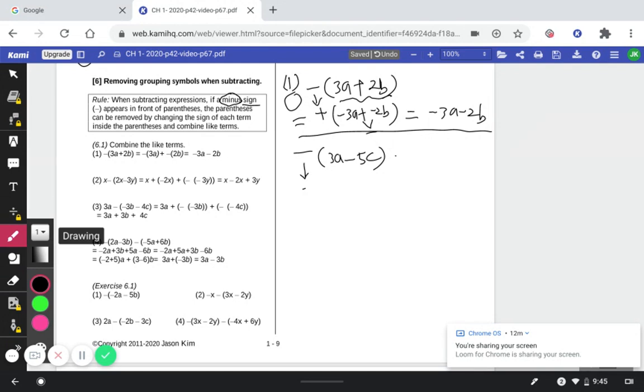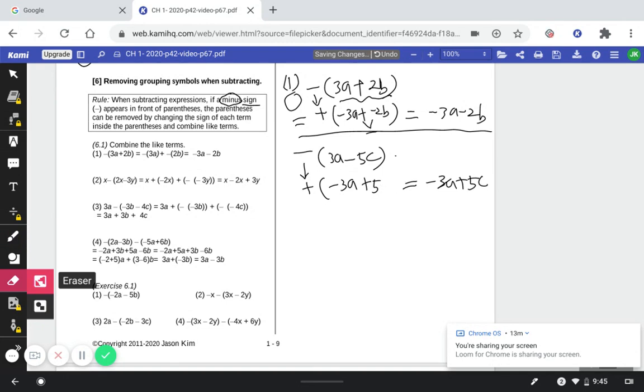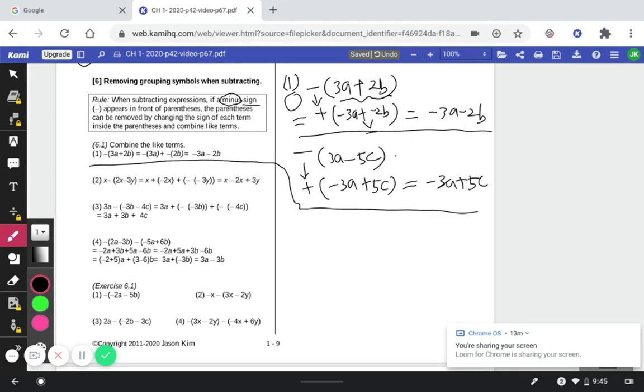You change this, 3a becomes negative 3a, minus 5c ends up actually being plus 5c. And then it becomes negative 3a plus 5c. Okay, because you do keep change. So notice the difference between this one and this one.